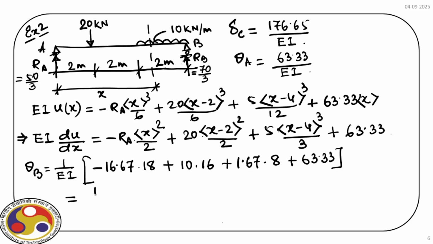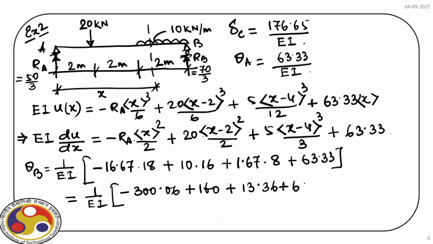So we have 1 by EI. Within bracket, we have minus 300.06 plus 160 plus 13.36 plus 63.